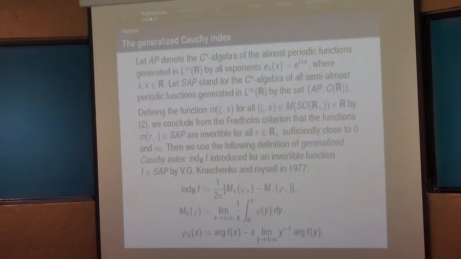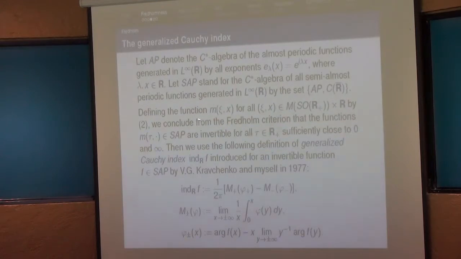Now we need to use almost periodic functions. This algebra is generated in L infinity of the real line by exponents with arbitrary real lambda. The semi-almost periodic functions, with this abbreviation, denote the C-star algebra of all semi-almost periodic functions generated in this algebra by all almost periodic functions and all continuous functions on the two-point compactification of the real line.